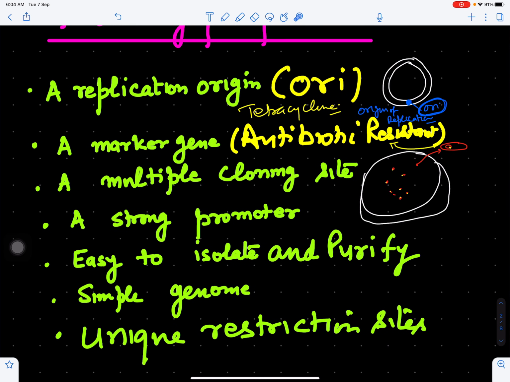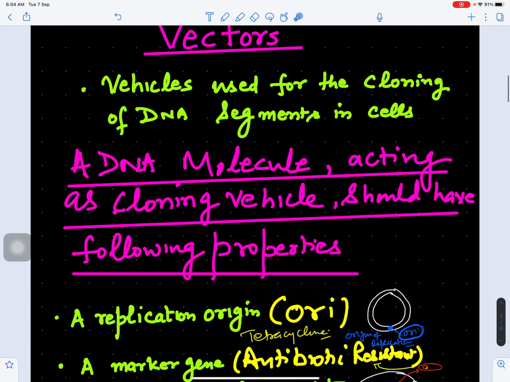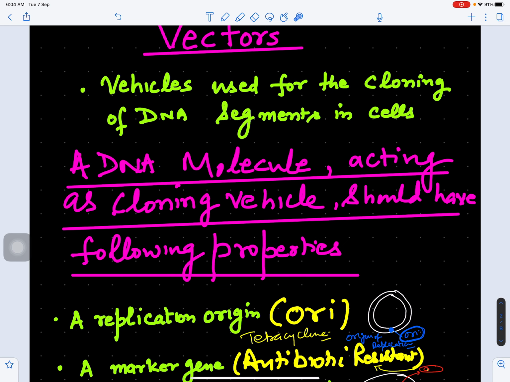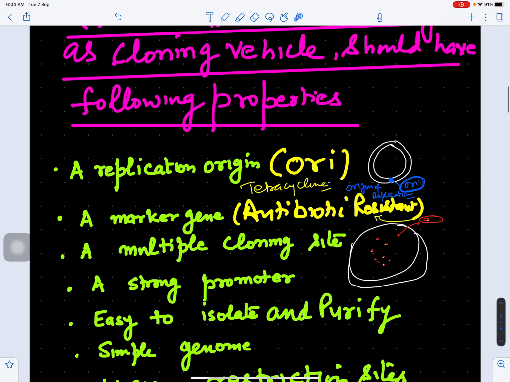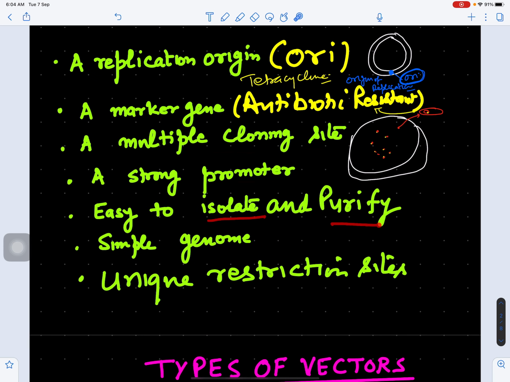So these are the properties to keep in mind when using vectors: it should have an ORI point, a marker gene, a multiple cloning site, and a strong promoter for the expression of the gene. It should be easy to isolate and purify, it should have a simple DNA sequence, and it should have multiple or unique restriction sites which can be used for cutting the DNA.